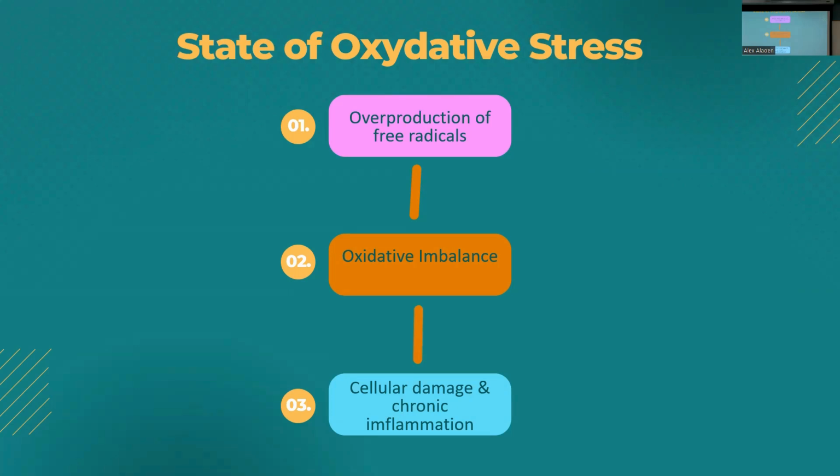This happens when you don't have enough antioxidants to balance out the oxidants, or your body is just in a repetitive state of inflammation, which leads to an oxidative imbalance. This will result in oxidative stress in your body, which is a state in which the free radicals cause cellular damage and chronic inflammation.